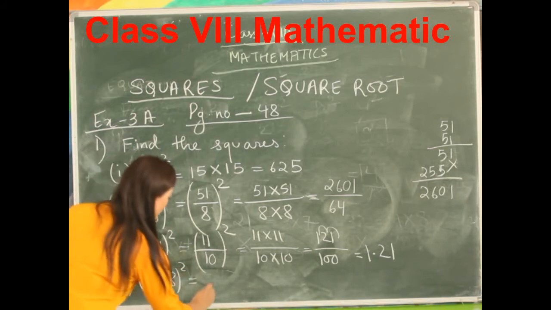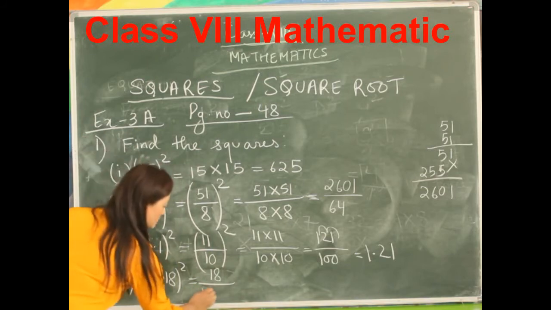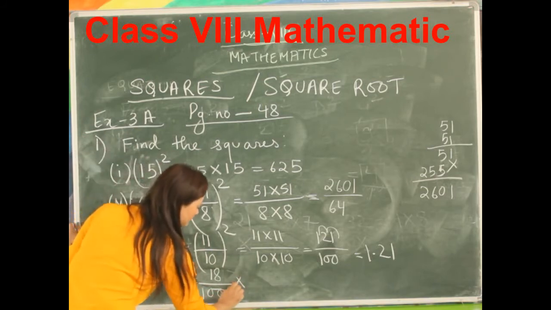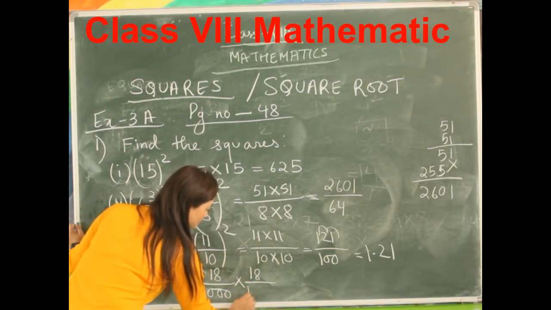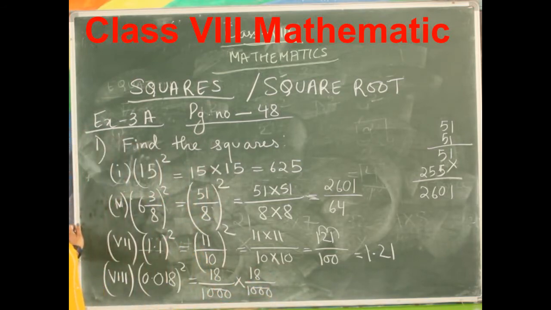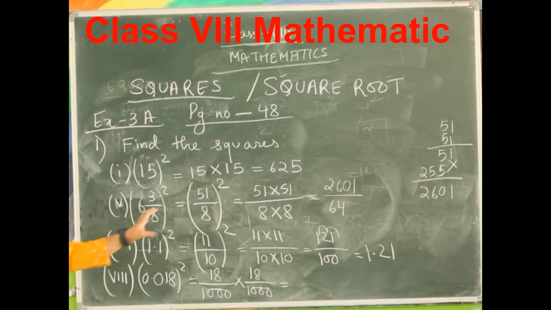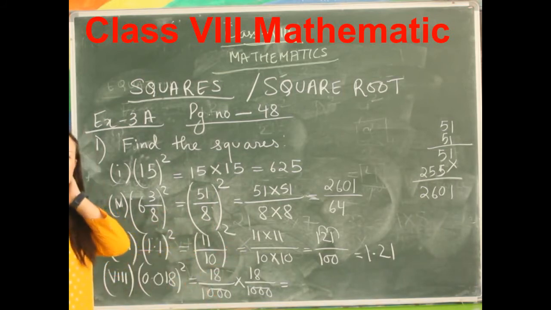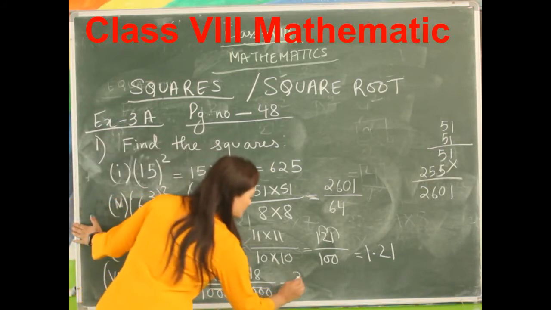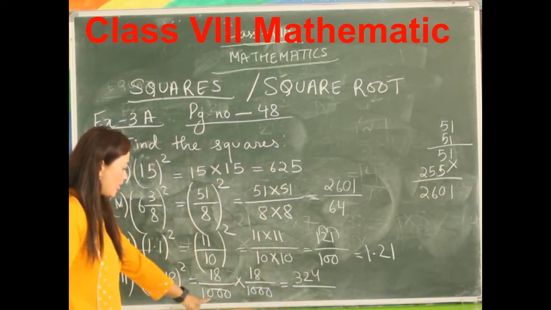And 0.018 upon 1, 2, 3 digits becomes 18 upon 1000. And what's 18 by 1000 and 18 by 1000? Now 18 into 18. So when you multiply 18 into 18, how much do you get? You get 324 upon 1000.